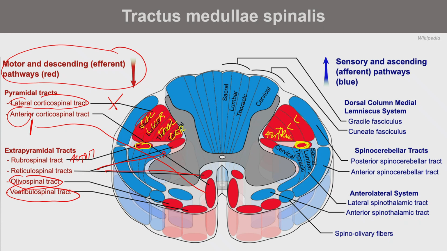So those extrapyramidal tracts are important here. Some atlases miss the olivospinal or vestibulospinal tract. Some miss, like here on the schema, which is from Wikipedia, the one which is the tectospinal.